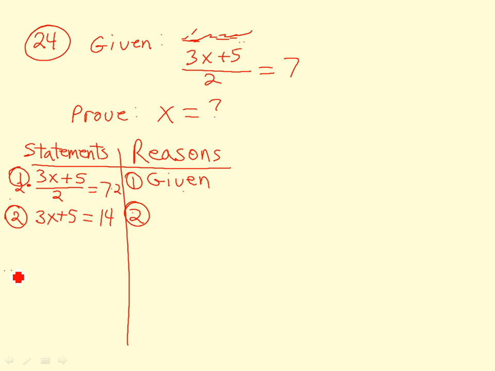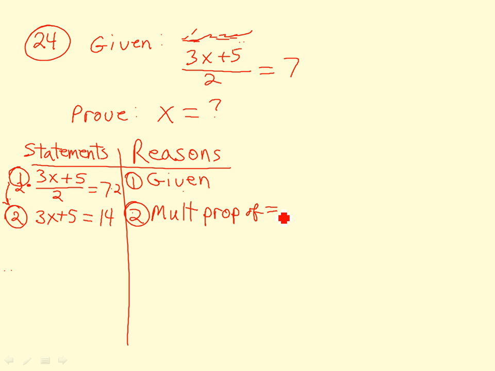What was our reason for that? How did we go from statement 1 to statement 2? Multiplication property of equality.